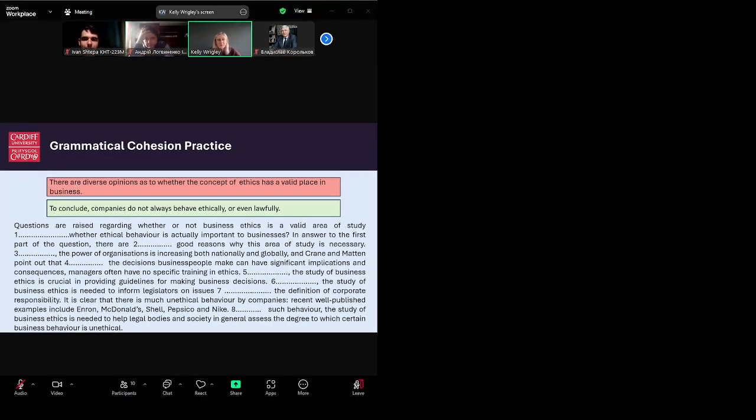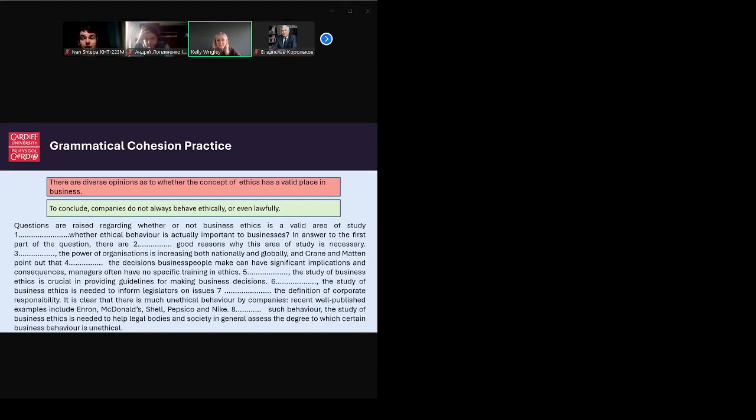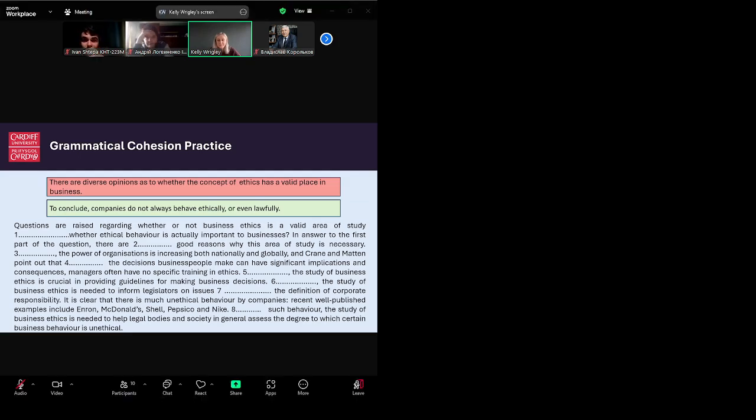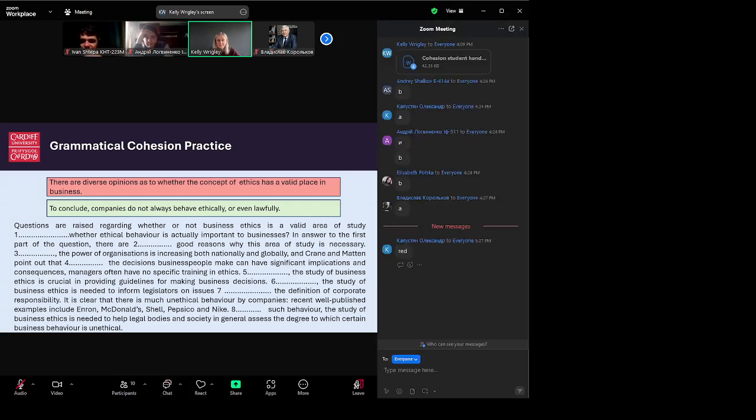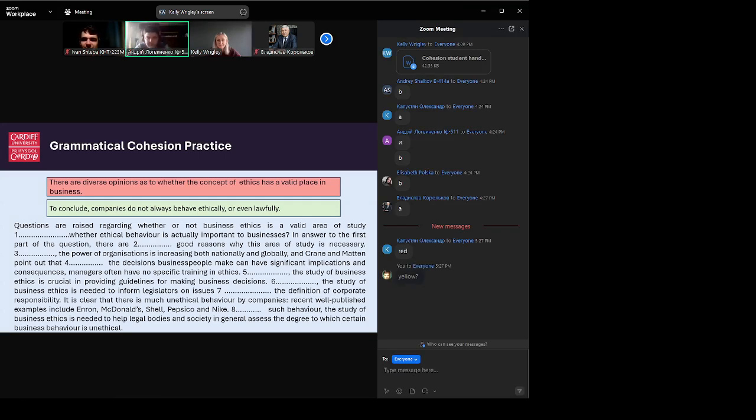So which one do you think is the topic sentence? I think it's red. It is, yes, you're correct. It is about whether ethics has a valid place in business, yes.